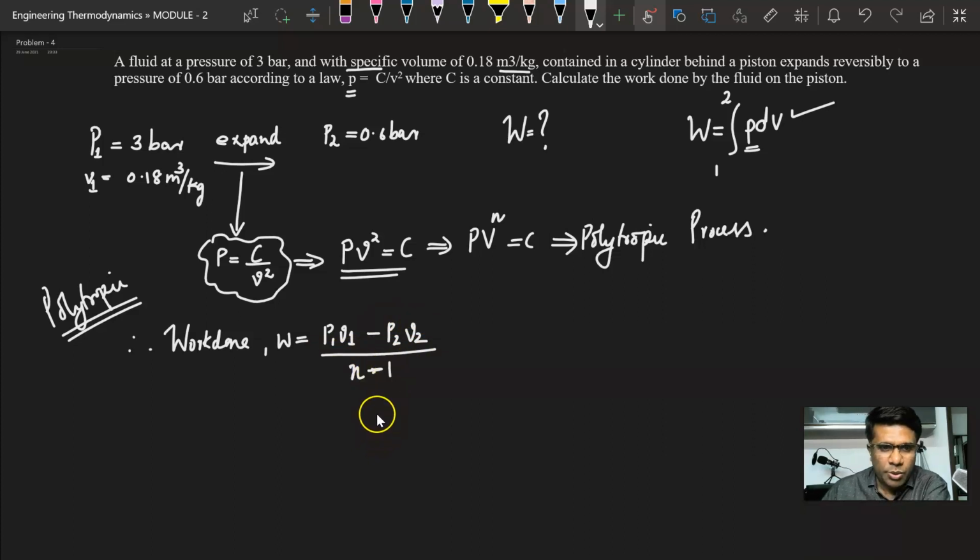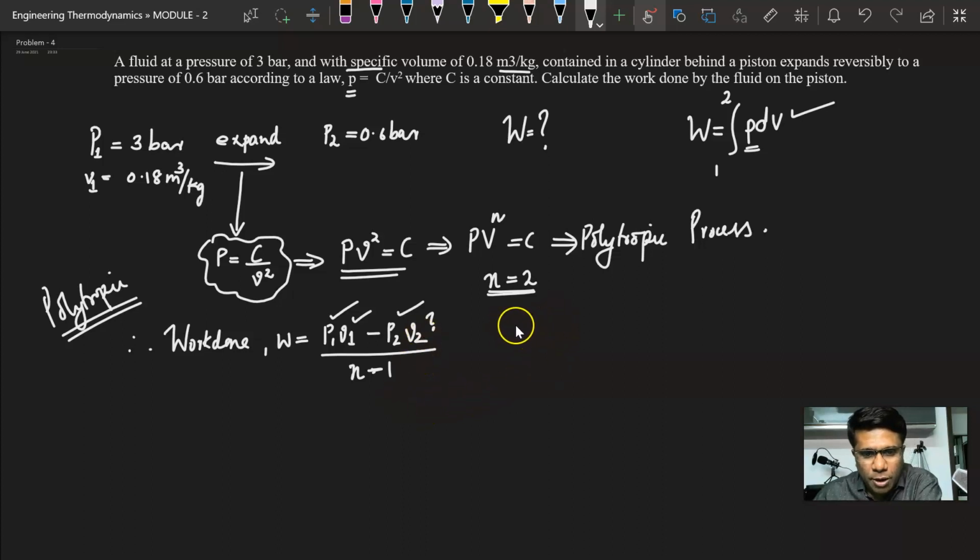You can see that we have the value of P1, we have the value of V1, we have the value of P2, and we have the value of N. Here N is equal to 2, which is the polytropic index. The only thing right now I don't have is V2. Again, it's quite easy to get, because I clearly know that it is a polytropic process.